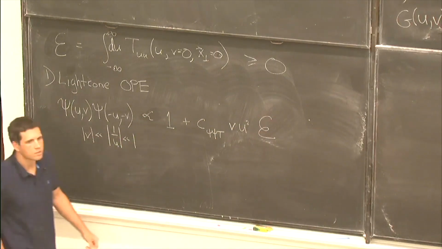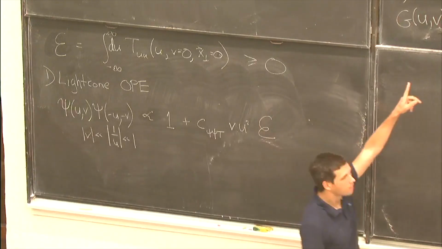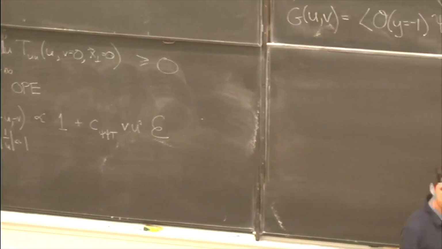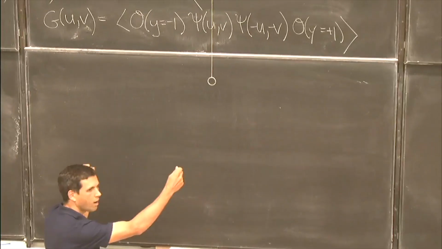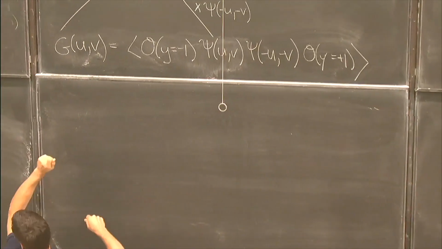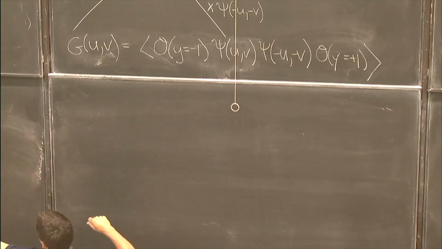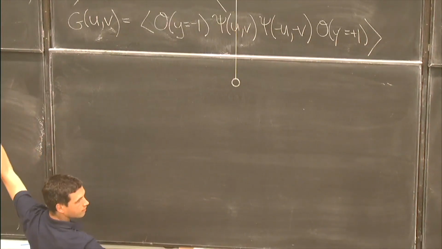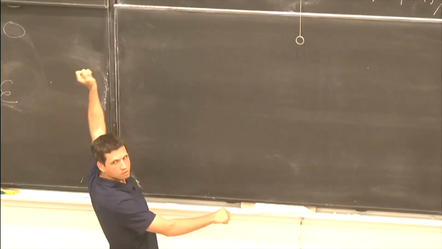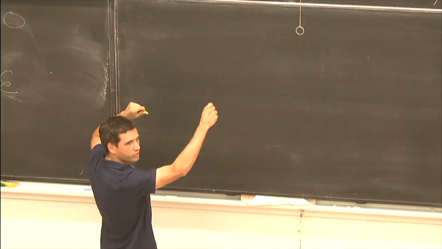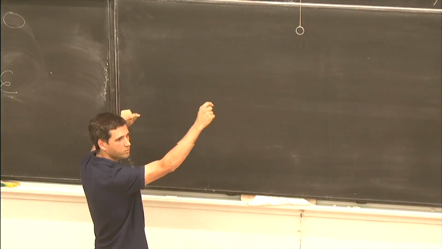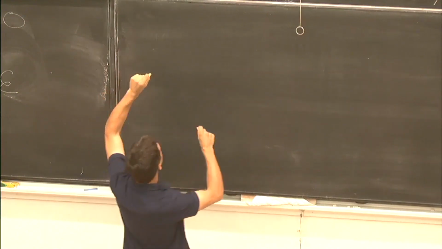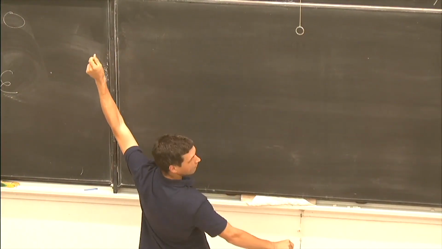The limit that's going to be relevant here is a limit in Minkowski space where we take two operators to be null separated. That's this small v limit. But then we take them to be far apart in the other null direction. There's an order of limits here. We don't do it simultaneously. We first take them this way, the psi operators, and then we send them out that way.